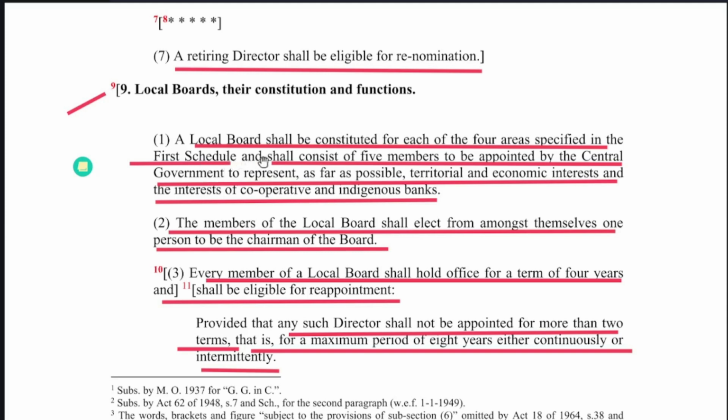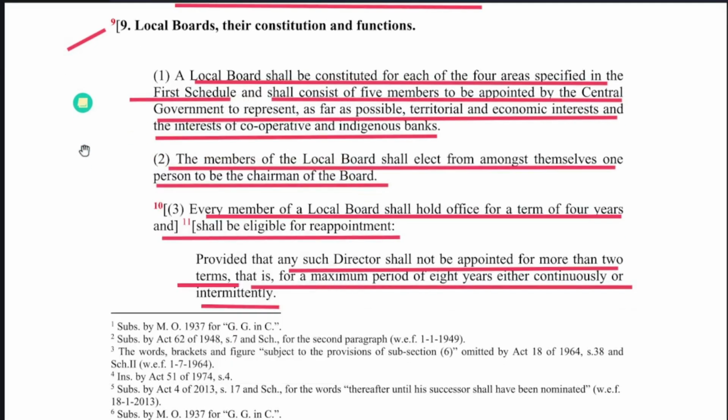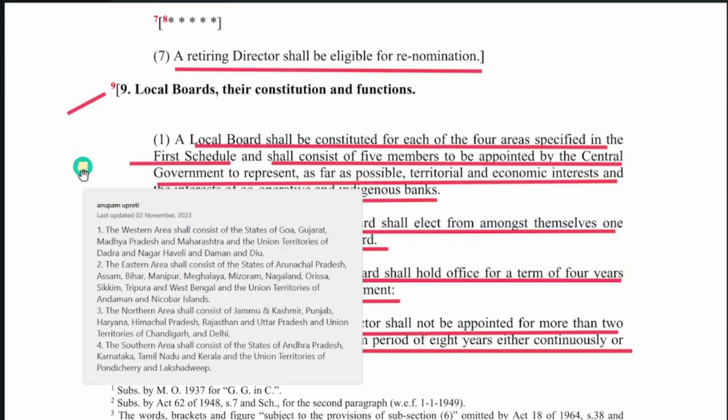Now, what are the different areas that are covered? It is mentioned in the note attached along with this file. The entire country is divided into western area, eastern area, northern area, and southern area. States like Goa, Gujarat, Madhya Pradesh, Maharashtra, and the UTs of Dadra, Nagar Haveli, and Daman and Diu comprise what is called the western area.